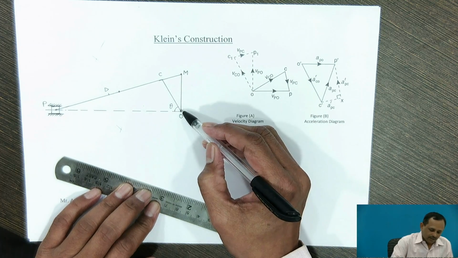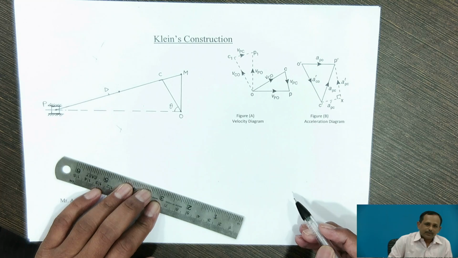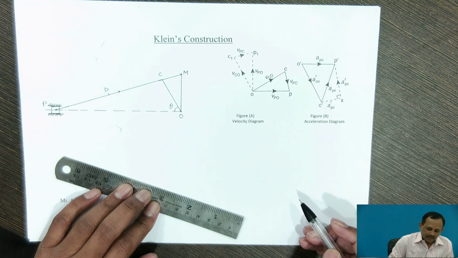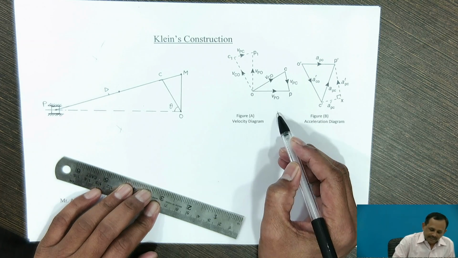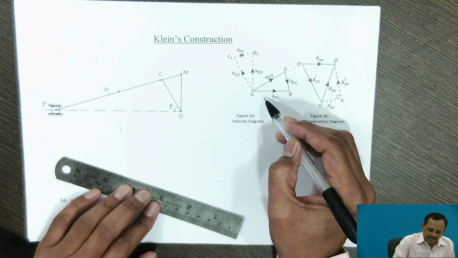So, triangle OCM is nothing but a velocity triangle. In figure A, the relative velocity triangle is shown.